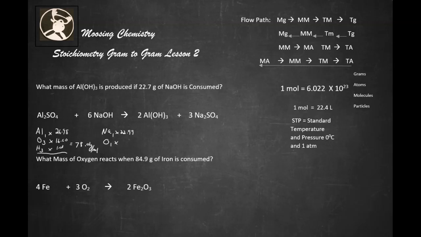Oxygen, one of those at 16.00. And hydrogen, one of those at 1.01. When we add this all up, that's going to give me 40.00 grams per mole. Space looks like it's getting a bit tight here, so we're going to do our best.